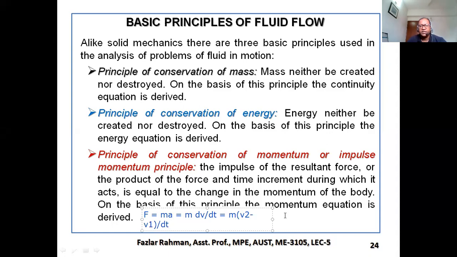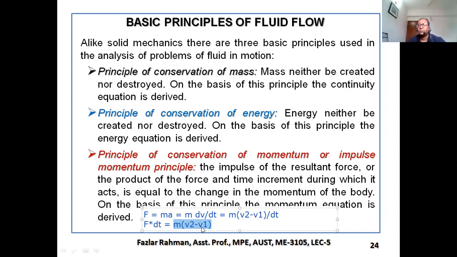From here, we can write that F into dt equals m into (V2 minus V1). So what is this portion, the right hand side? The right hand side is actually the change of momentum.